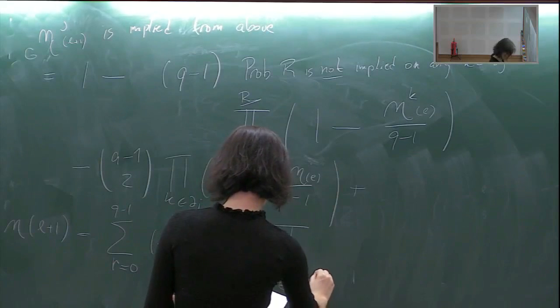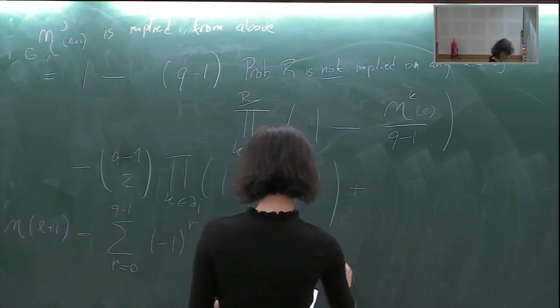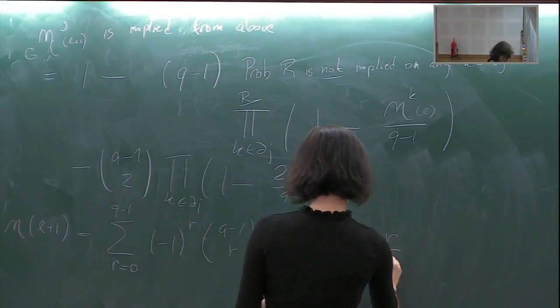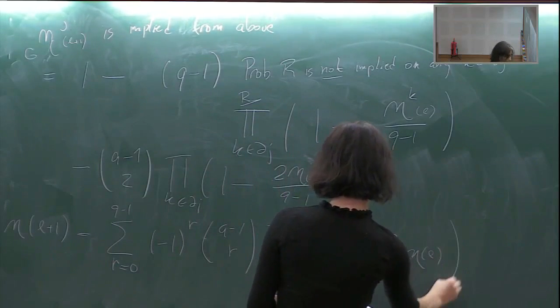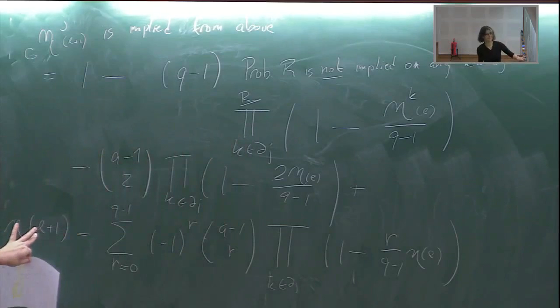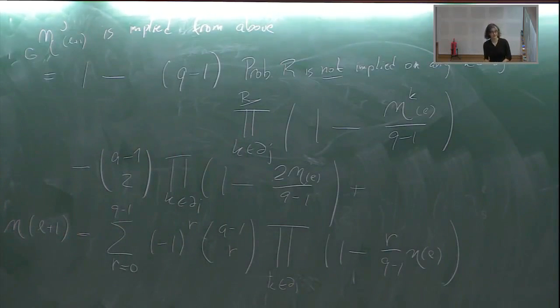Oh, here I forgot about, okay, 1 minus r divided by q minus 1 times eta at the generation before, so L. That's it. So we get this equation that describes how this probability that something is implied evolves as we go through the different generations of the tree.